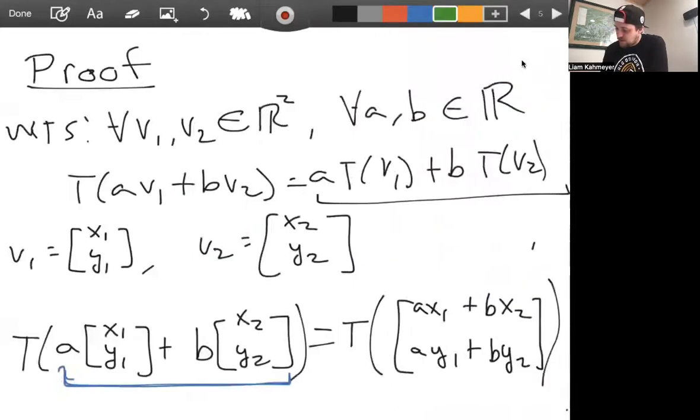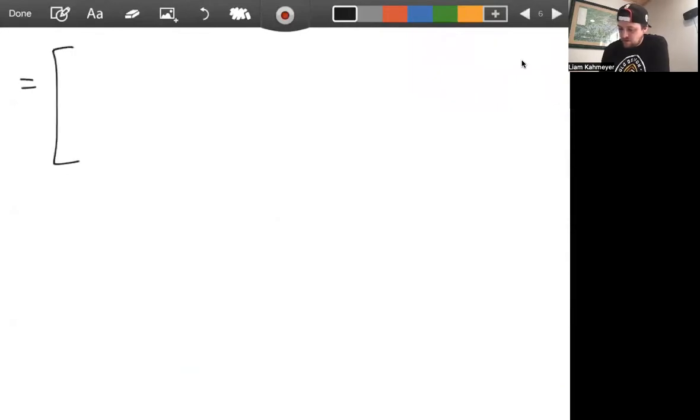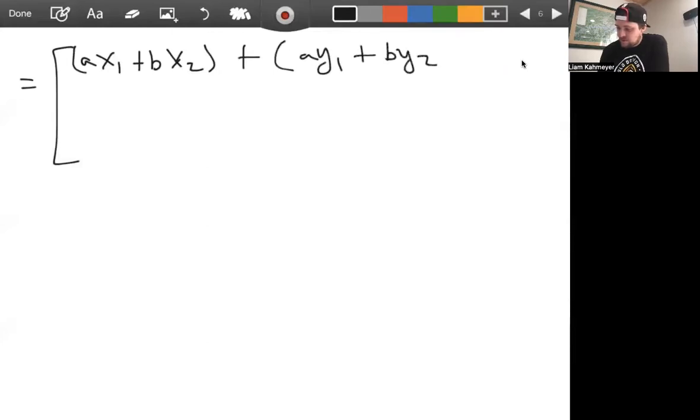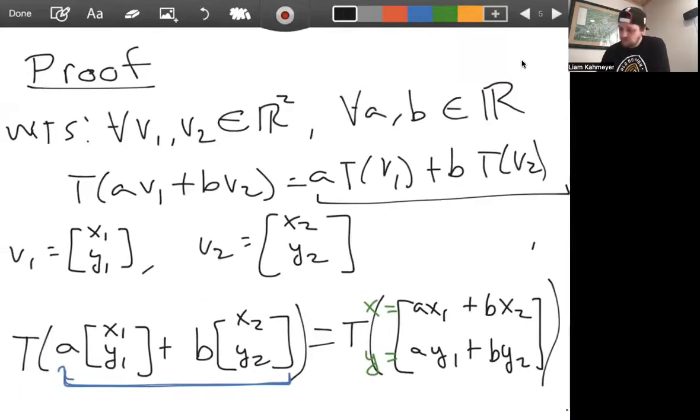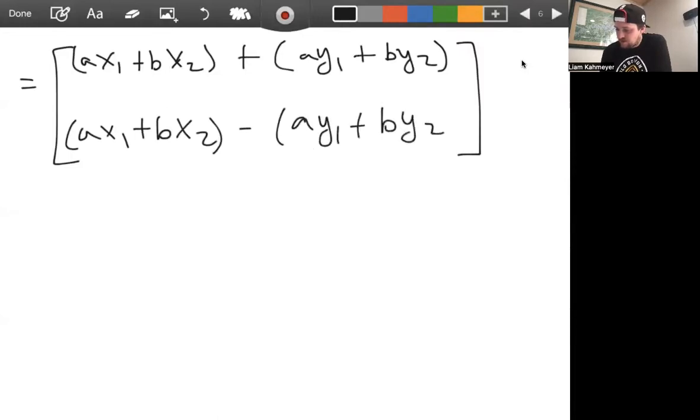If we think of this whole first entry as x and the second entry as y, then the transformation gives x plus y. So this is a x1 plus b x2, plus a y1 plus b y2, and then the second component is x minus y. So we have a x1 plus b x2 minus (a y1 plus b y2).